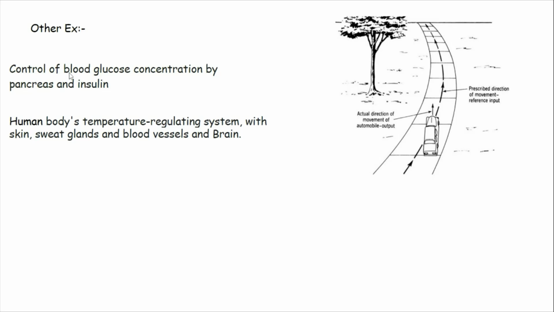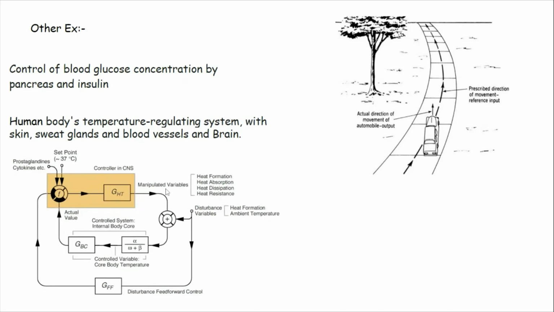Now, in this blood glucose concentration control, the pancreas and insulin work in coordination with the brain so that a healthy level of blood glucose is maintained in the blood. And in the human body temperature regulating system, our skin, sweat glands, and blood vessels do the task of controlling the temperature of the body.